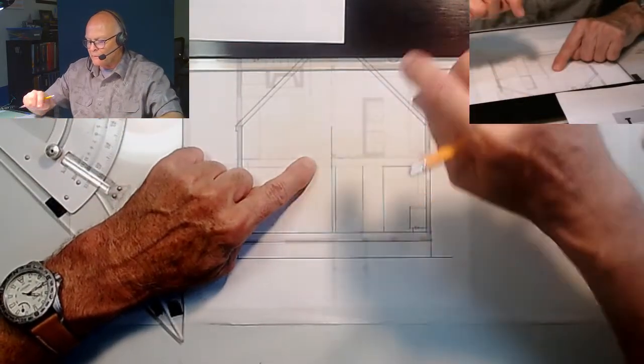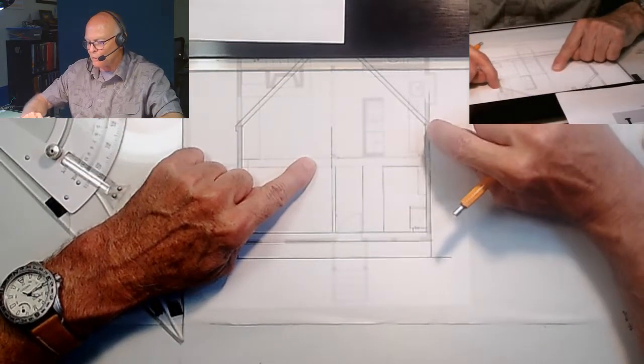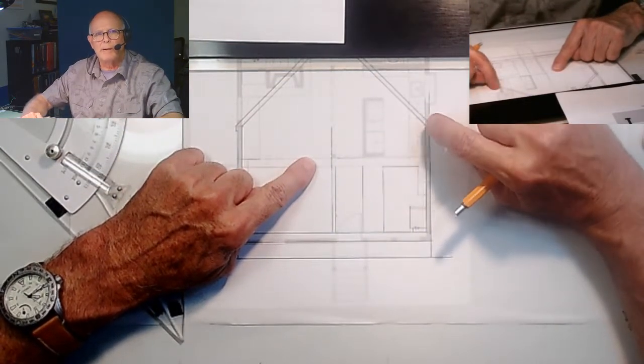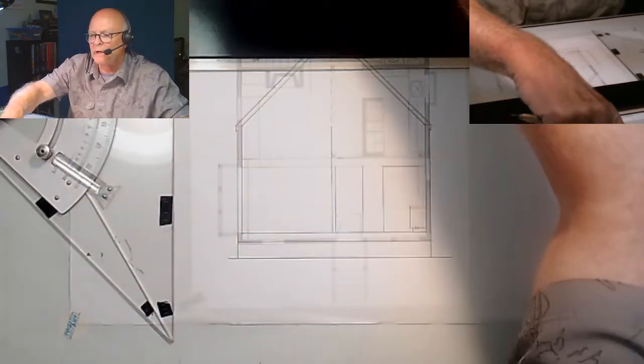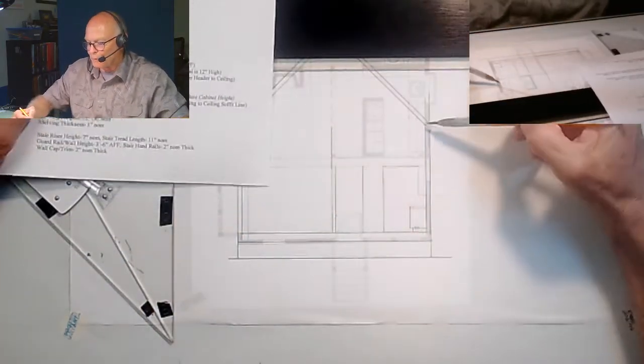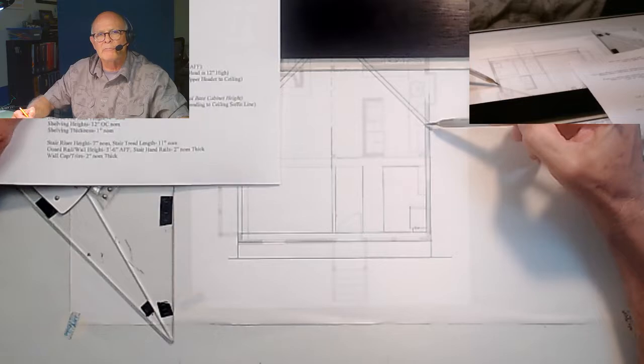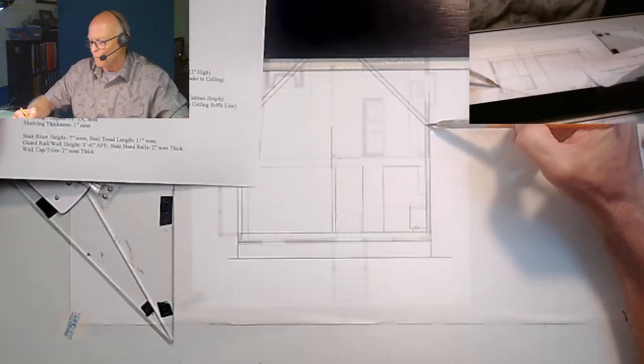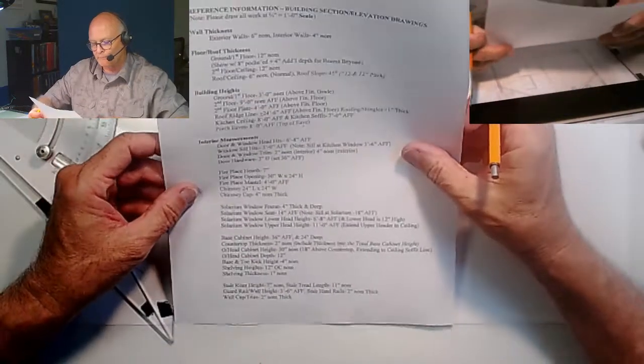Now, in our discussion a few minutes ago, we talked about the top plate. And what we said was that the top plate was 4 feet above the finished floor.